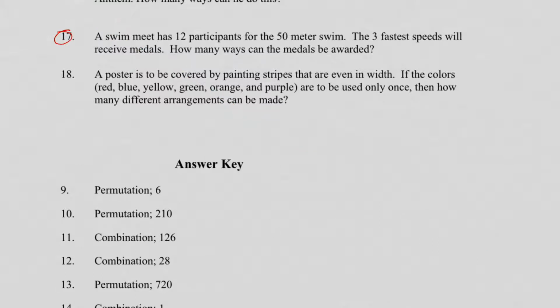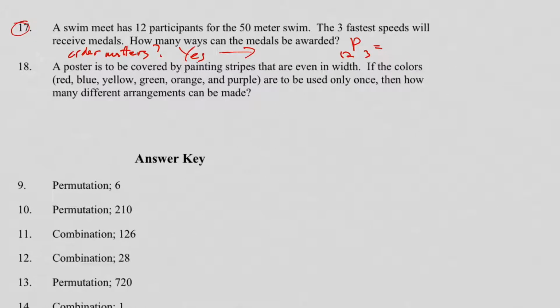So order matters for number 17. So that's permutation, 12 participants, 3 different ways. Again, you don't have to do the whole formula. You just have to use the first 3 numbers of 12: 12, 11, and 10.